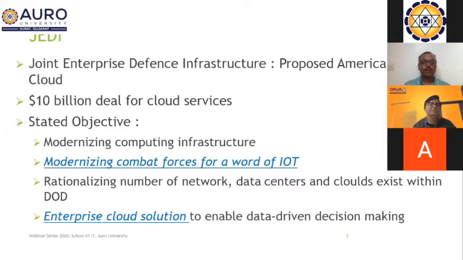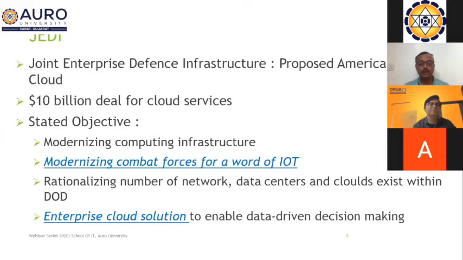So what are the things they want? You can read in the stated objective. They made it public that this is what they want: preparing their workforce and combat forces in a time of internet of everywhere, internet of things, and they want an enterprise cloud solution. So the key word here is enterprise cloud solutions.